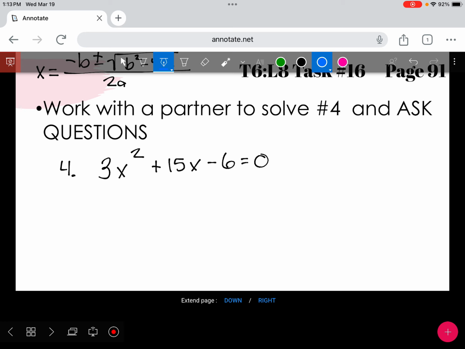So is it going to factor? So what other choices do we have? Yeah, this one is not seeming to factor for us. So this is another one that's a great candidate for quadratic formula.